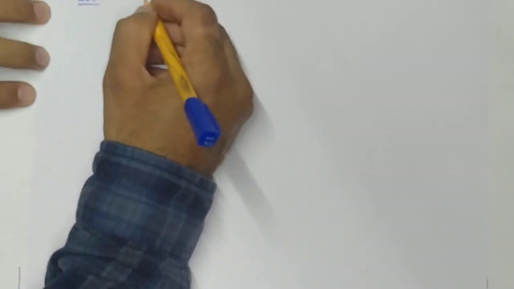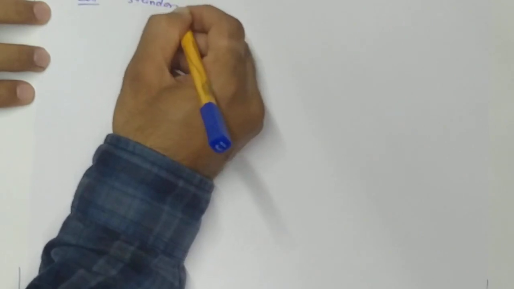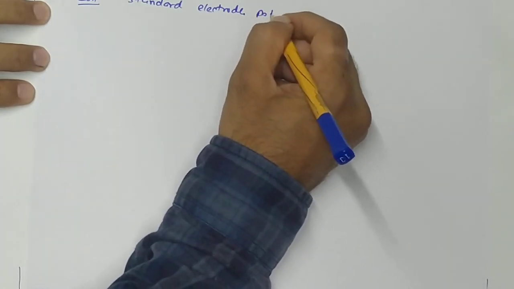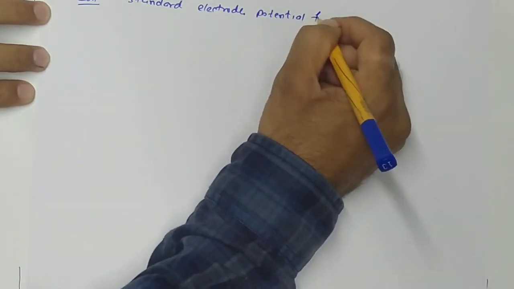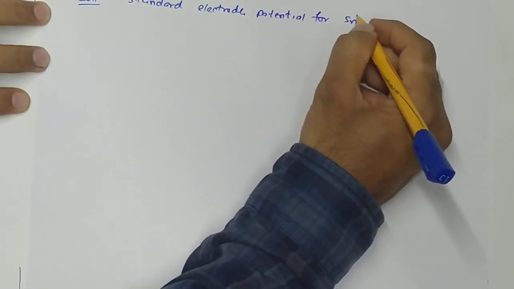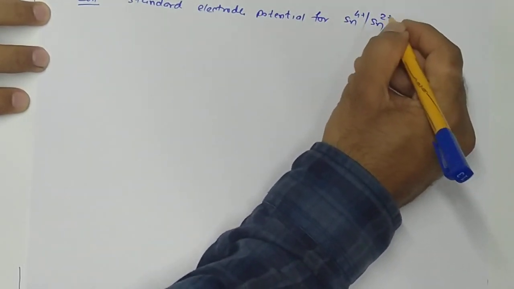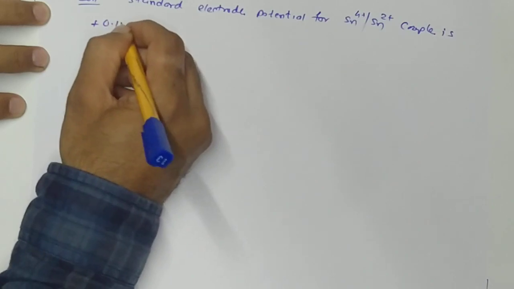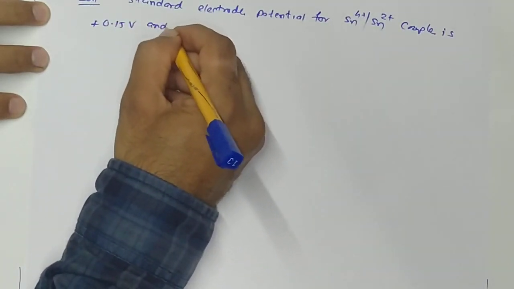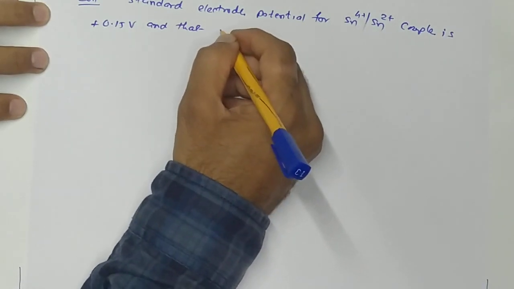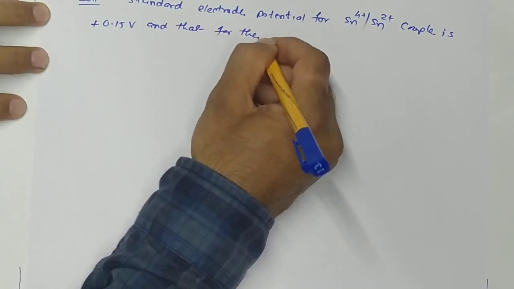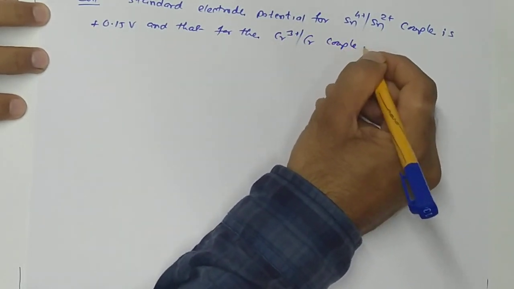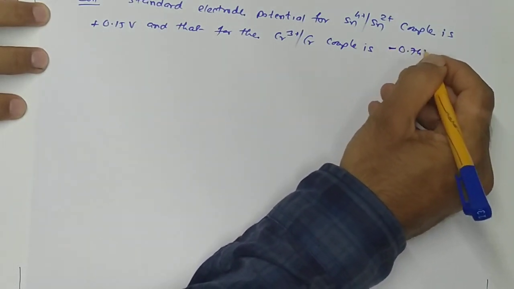2011 again. The standard electrode potential for the Sn+4/Sn+2 couple is plus 0.15 volt, and that for the Cr+3/Cr couple is minus 0.74 volt.